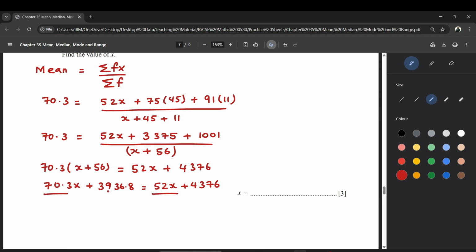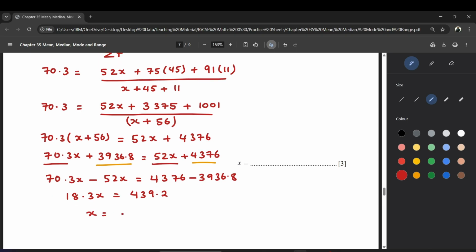So x values should be on one side and your constants should be on the other side. So I can say 70.3x minus 52x. This 52x goes to the other side, whereas this value 3936.8 goes to the other side. Now let us calculate this. 70.3 minus 52 gives us 18.3x, whereas the other side gives us 439.2.